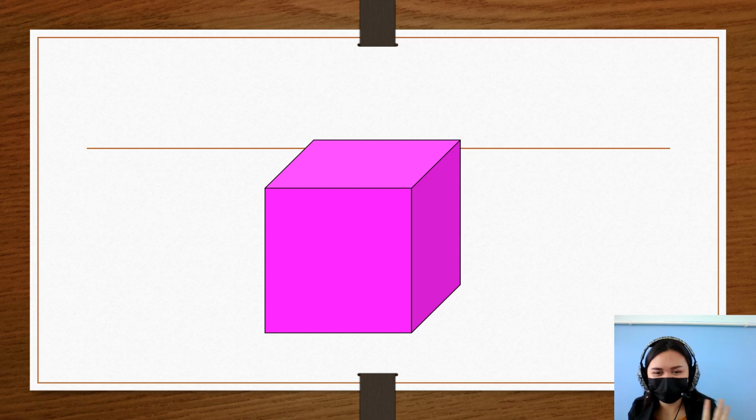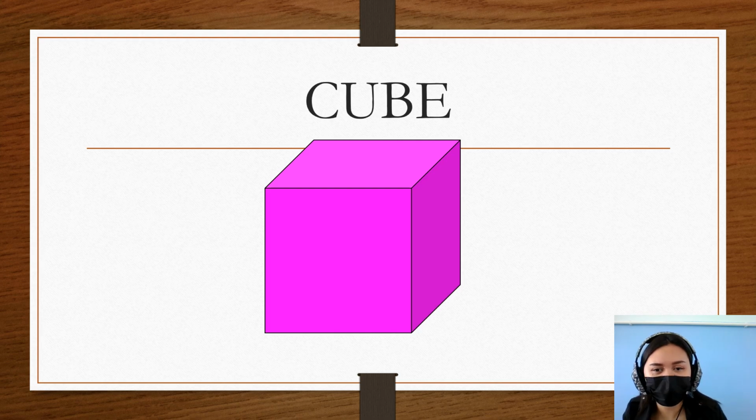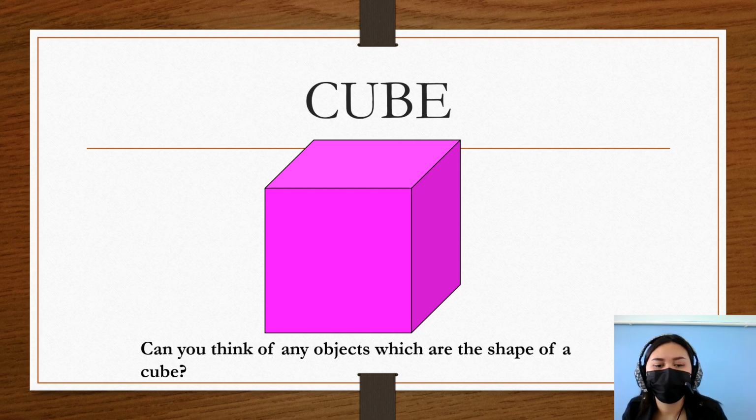Okay, look at this example. What do we call this 3D shape? It's a cube. Can you think of any objects which are the shape of a cube?